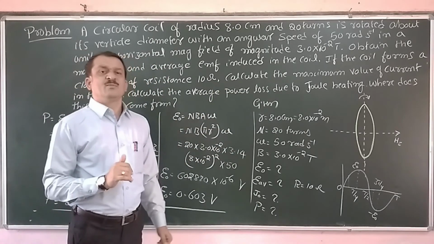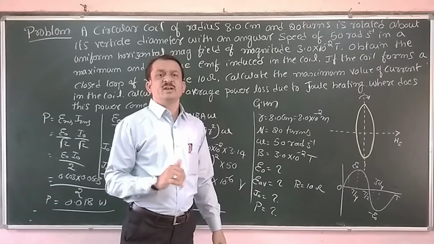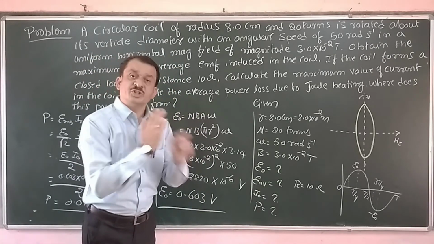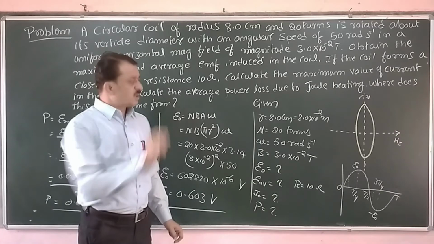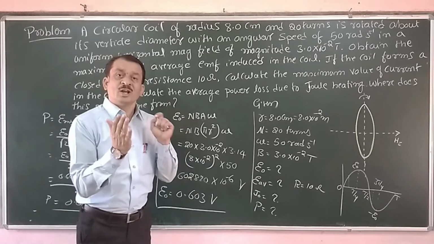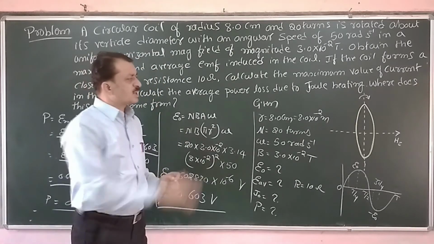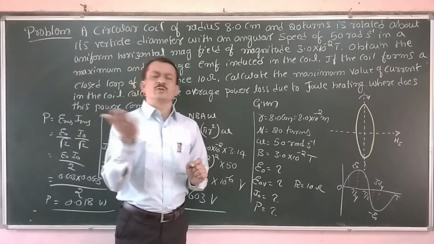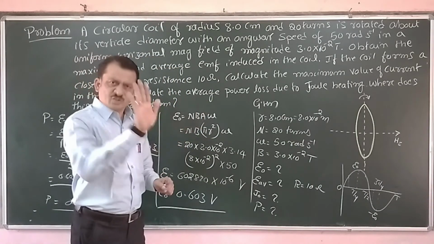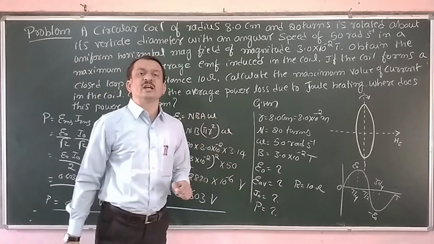According to Lenz's law, this induced current is in such a direction that it has to oppose the rotation of the coil. The induced current will oppose the coil rotating, so the coil rotation should stop. But it is not stopping, it is continuously rotating.